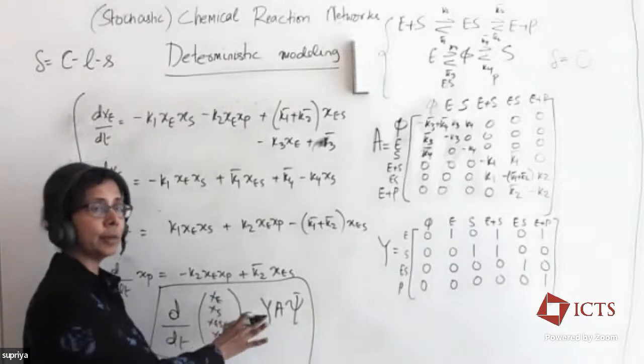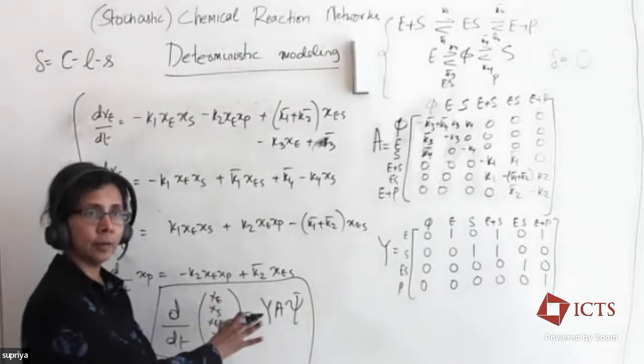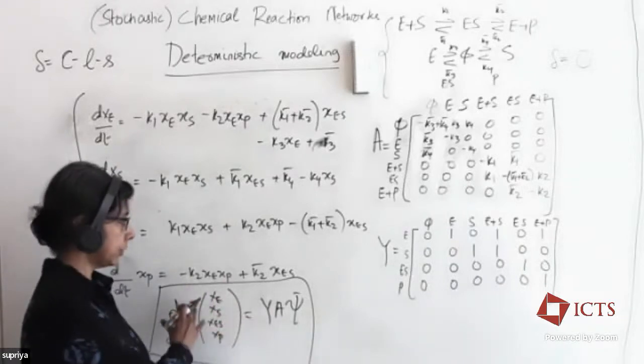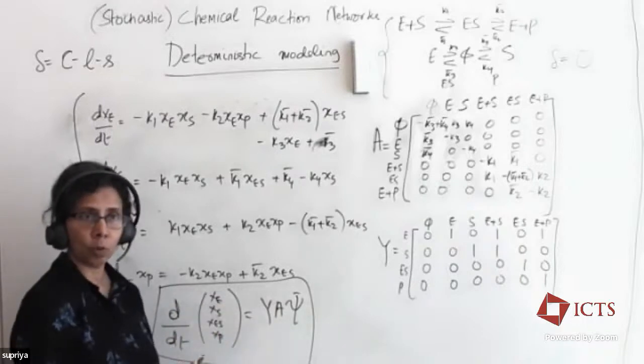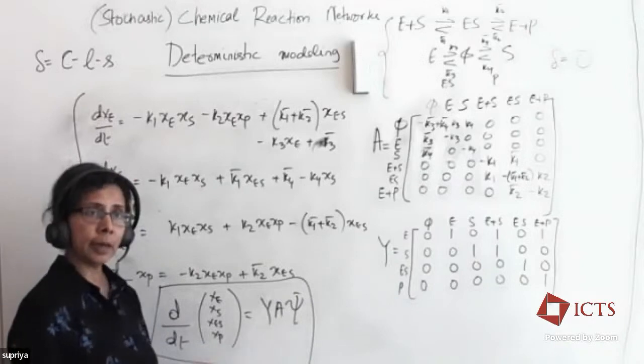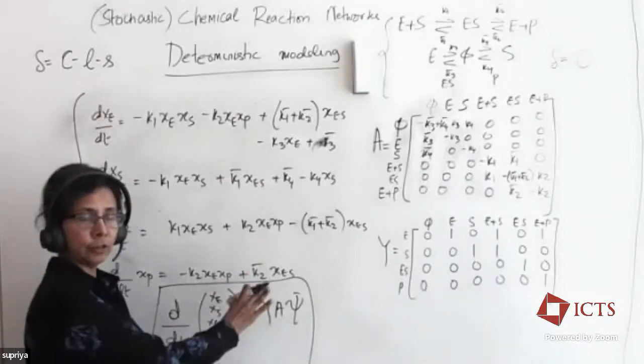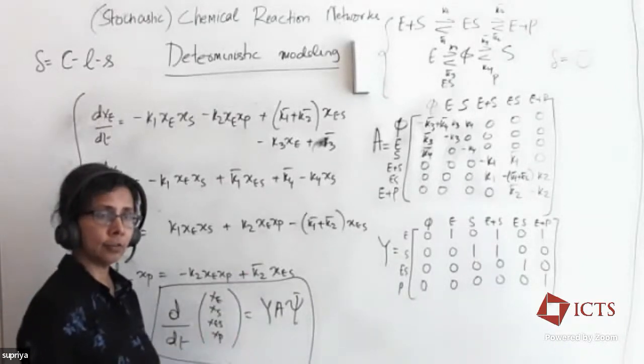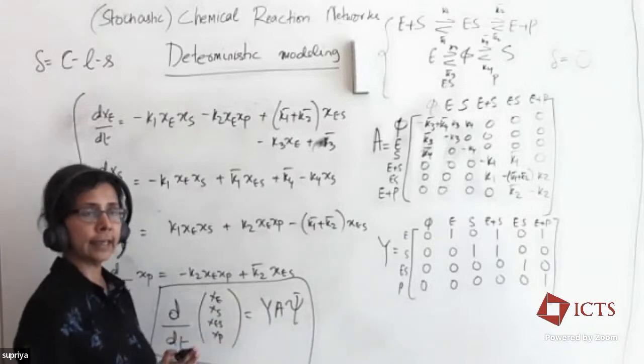Because this is our deterministic description, the concentrations or fractions of these things is all that matters to us. We don't have anything else to worry about. This equation is going to be very important for us, so we'll keep thinking about it and looking at it.